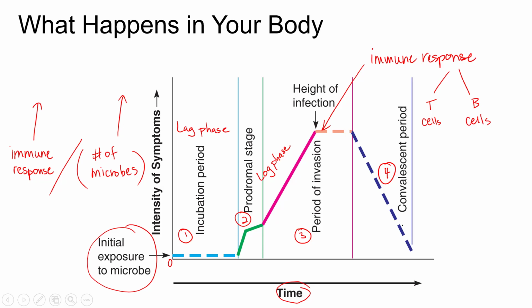And so they may not, what we mean again by incubation is that this is the time from when they were initially exposed and then to when they actually show the first symptoms, runny nose, cough, fever, shortness of breath, somewhere along those lines. They will not have symptoms in here. And so that is going to cause them to go out about their lives normally and spread the virus.